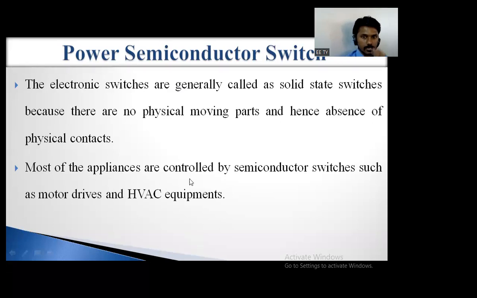Most of the appliances are controlled by semiconductor switches such as motor drives and HVAC equipment, etc. This point we have covered now. Clear?